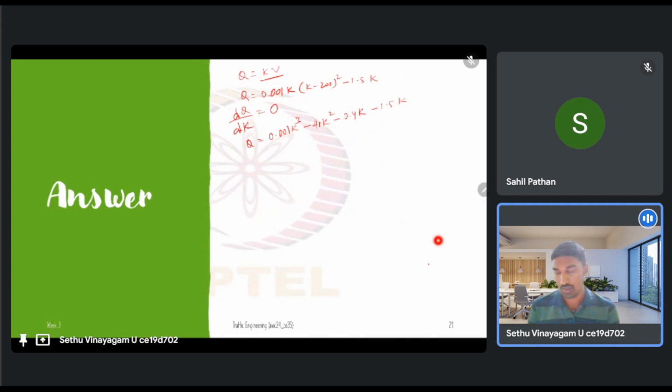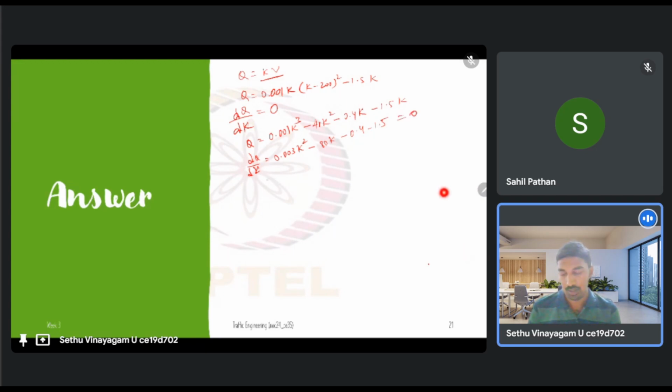So this is the QK relationship. If you differentiate this, you'll have 0.003 k squared minus 0.8 k plus 40 minus 1.5. Okay, so you equate it to 0 and solve this quadratic equation.